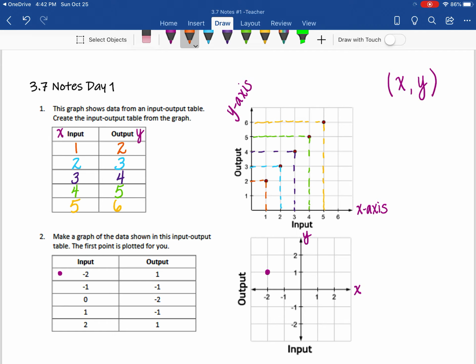I'm just going to color code it with the same color. Okay. And then my next point I'm going to make orange. So my input is -1, so on my x-axis, I'm going to go over and find -1, and then go down to -1 on my output. I'm going to use blue for my next point. So 0 is my input, so I'm going to stay right at the origin, and then I'm going to go down 2 to find -2 on my output.